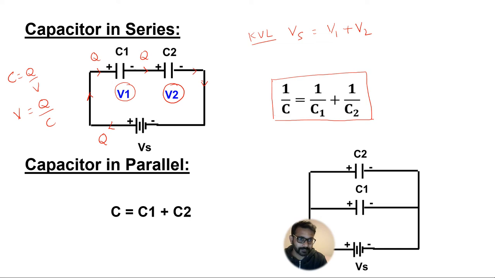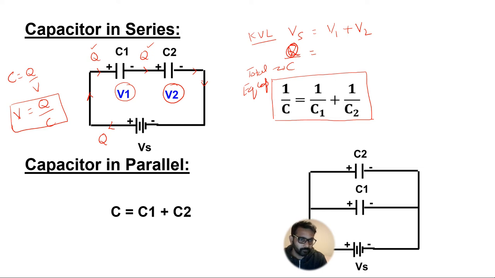So using this formula, the supply voltage will be the charge Q divided by the total or equivalent capacitance C.